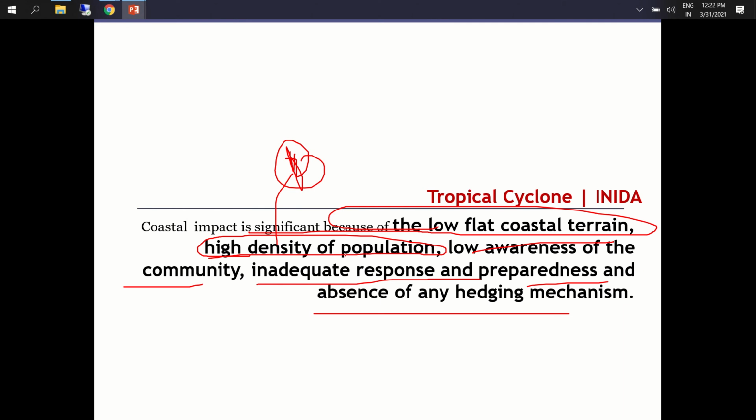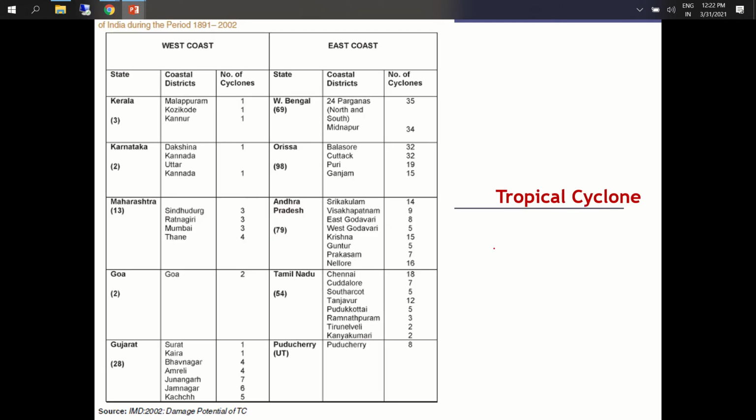One is about awareness, and how we can prepare our communities to respond to this kind of disaster, and what we can do as an architect and planner in terms of some planning and structural intervention to reduce the impact of cyclones on the habitation.